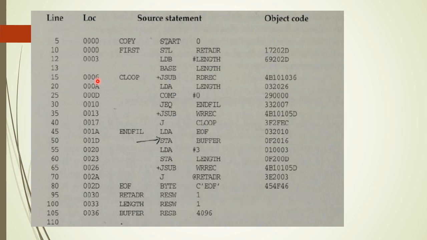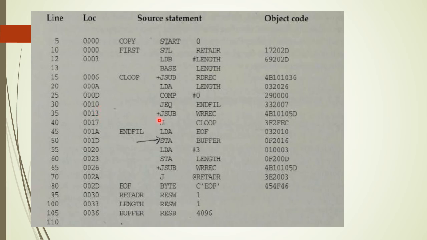One thing you should keep in mind is that these are all hexadecimal values. As I already mentioned, if the opcode is prefixed with a plus, then it belongs to instruction format 4. Instruction format 4 is of length 4 bytes, so you have to add 4 to this location counter value. 6 plus 4 becomes 10, that is A. Next, again it is instruction format 3, A plus 3 becomes D, then D plus 3 becomes 10. Then 0 plus 3 becomes 3.